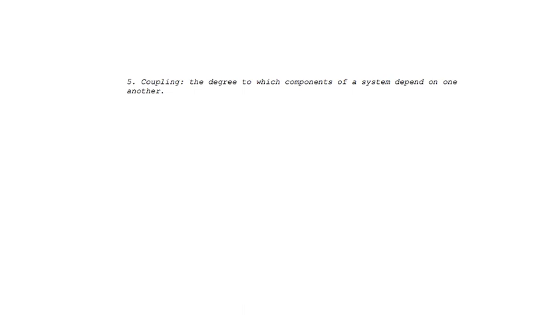So coupling is the degree to which components of a system depend on one another. If there are a lot of dependencies, we say there's high coupling.